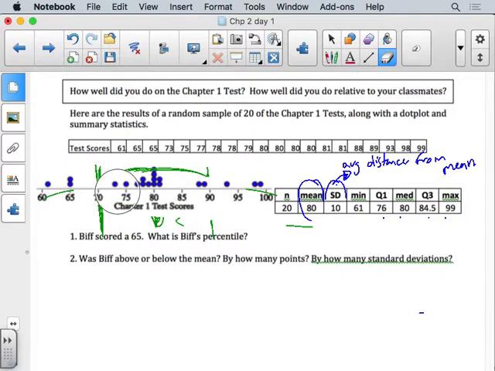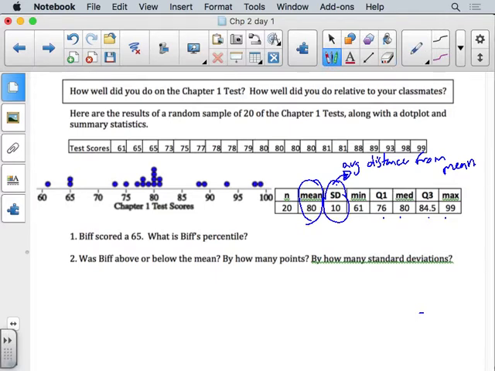So I'm going to erase this so we can look at the problems here. I'll circle these back. Okay, Biff had a score of 65. Here's Biff, one of these data points. What is Biff's percentile? You just watched that video, so we know what a percentile is. A percentile is all the values that are less than or equal to him.